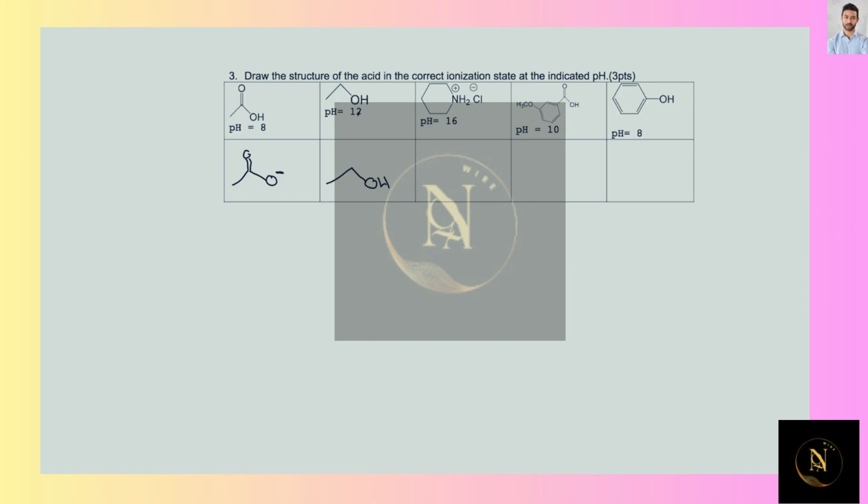So in this case, we're going to have the basic form of this amine, which is, let me erase this section, simply NH, we lose a hydrogen, and we have the basic form of the amine.